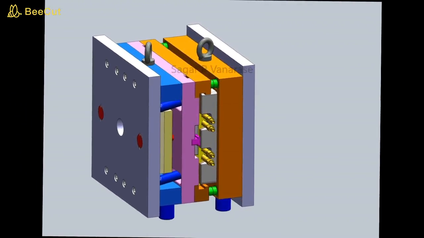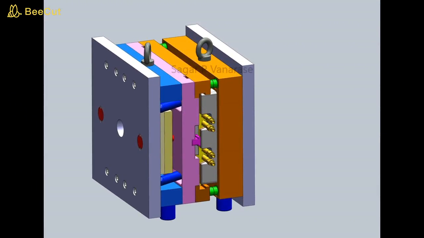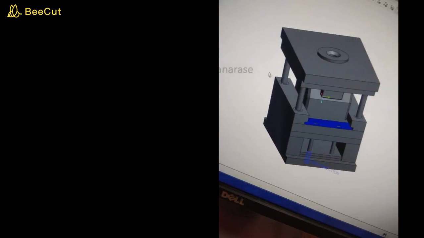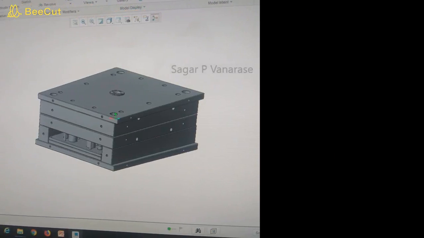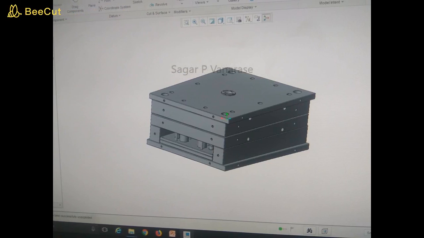Final prototype and assembly of the mold components. This is the final stage, where the complete mold components are assembled together. The complete assembly of the mold is made finally.